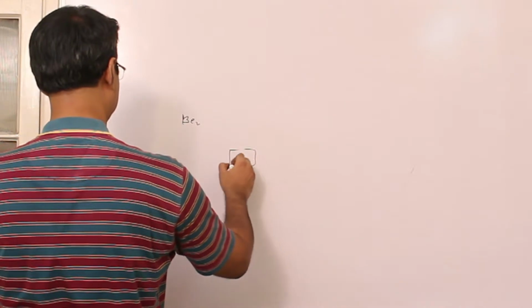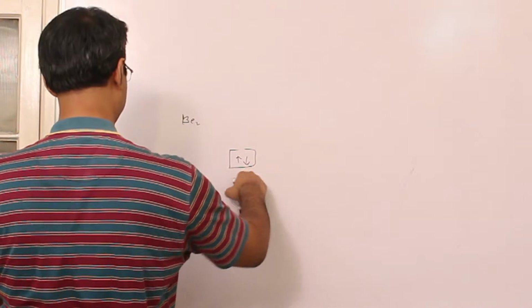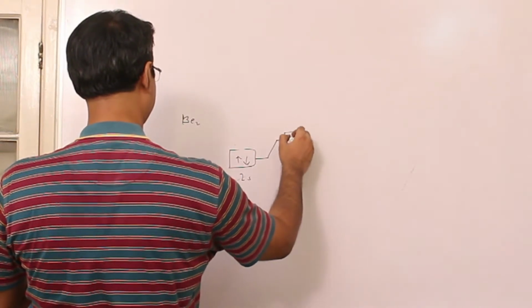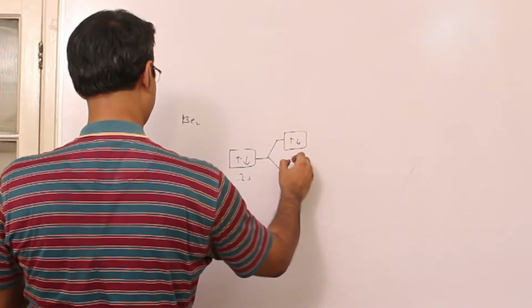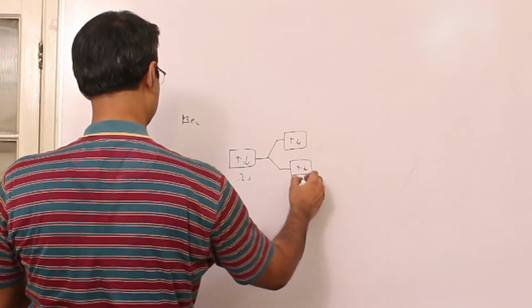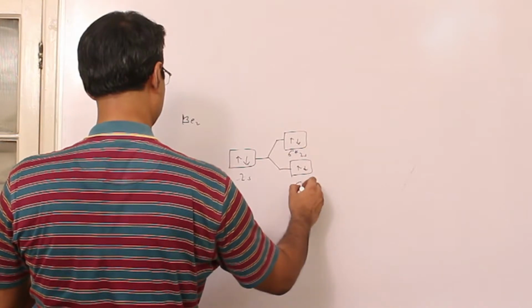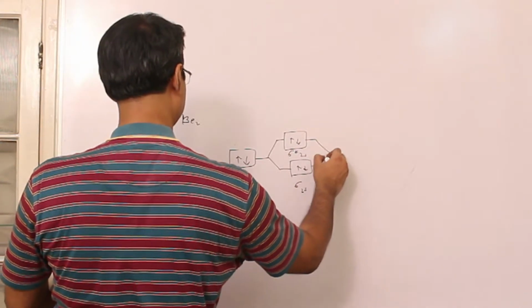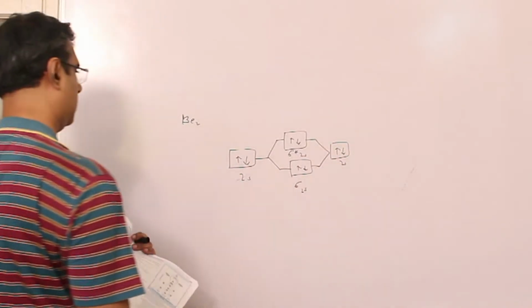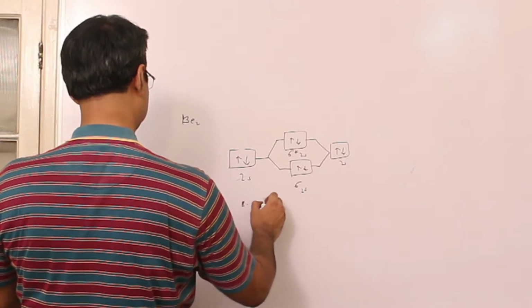So after we have completed 1s, as usual, let us go straight away to 2s. Now in the sigma 2s there will be 2 electrons, in sigma star 2s there will be 2 electrons.